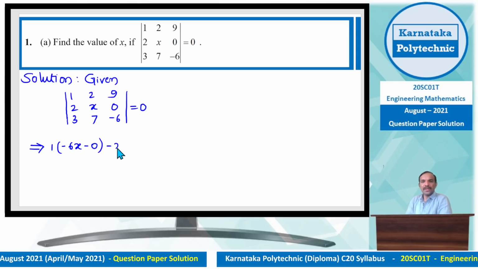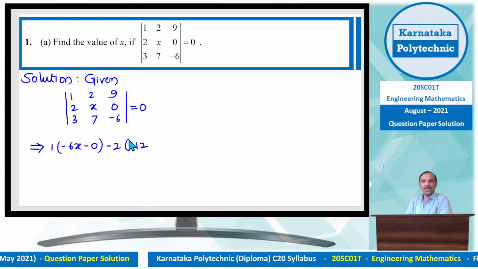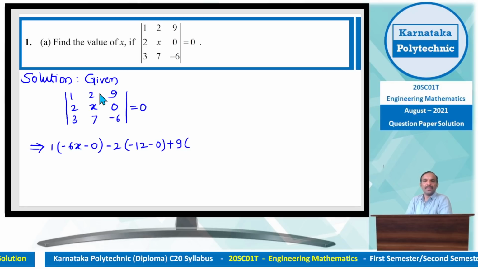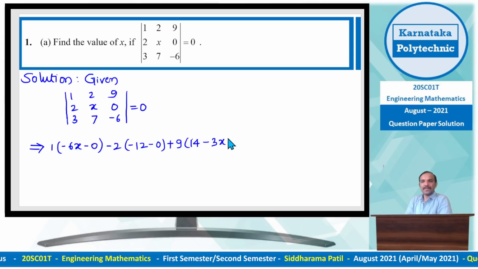Minus 2 into, minus 6 minus 12. Plus 3 into, 0 minus 0. Plus 9 into, first row deleted, third column deleted, 2x, 3 7: 2 into 7 is 14 minus 3 into x is 3x, equal to 0. Simplify it.